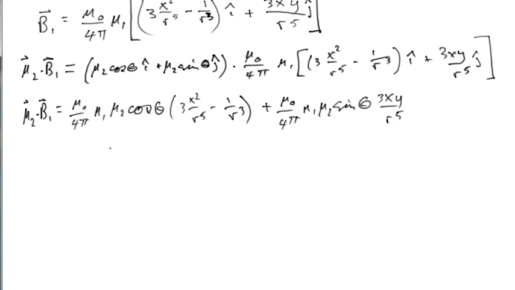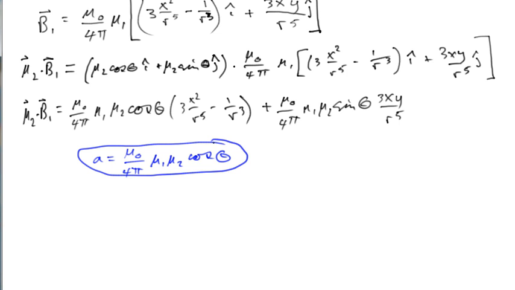I'm going to simplify this. There's some constants out here like mu1, mu2, theta just given by the user, mu0 a universal constant, and this whole thing is another grouping of constants, so I'm going to call this grouping of constants A, and I'll call this grouping of constants, I think I'll take it with the 3 as well.